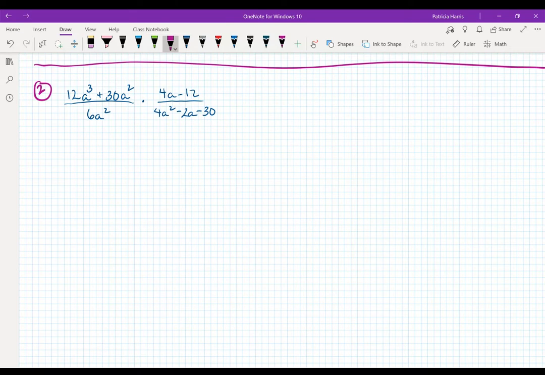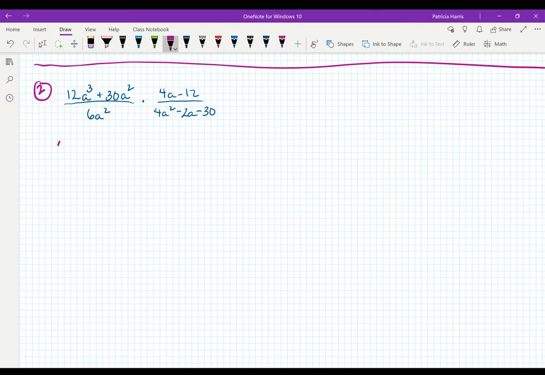That's the only reason. I've had a lot of practice. Okay, so looking at the top, I notice that 12 and 30 have a common factor of, excuse me, not 4, 6. And then they also have a common factor of a squared.